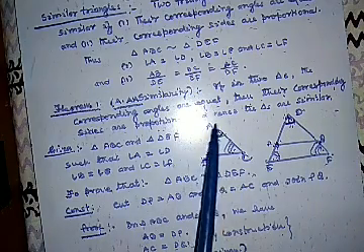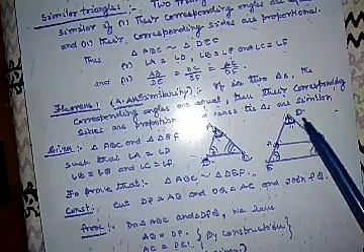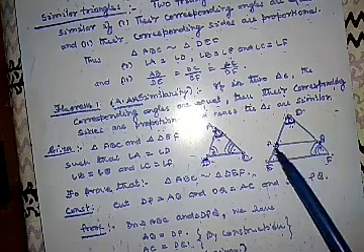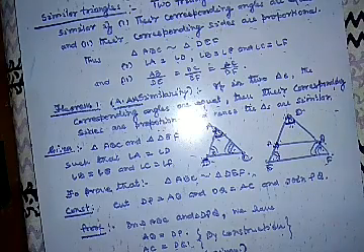Therefore, triangle ABC is congruent to triangle DPQ by SAS congruency condition of triangles.